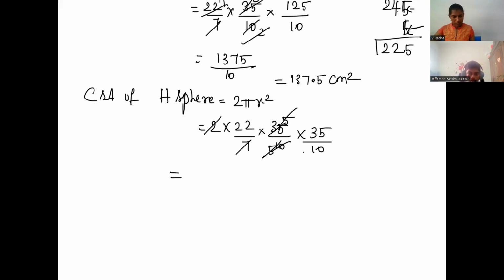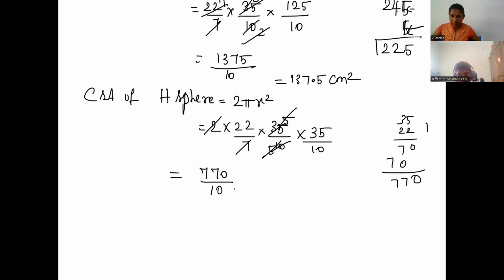Multiply these two and say the answer. 22 times 35. Ma'am, 770. 770 by 10 is equal to 77. Yes, ma'am.